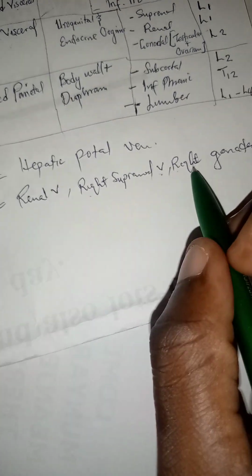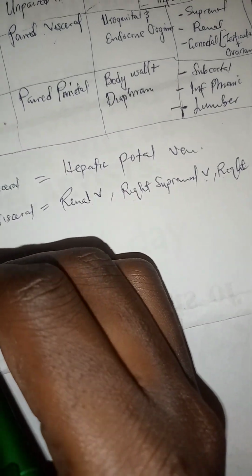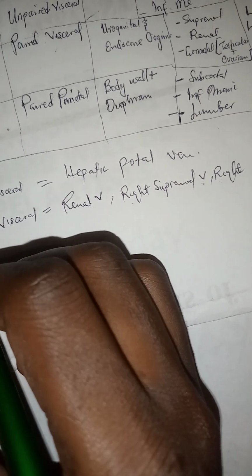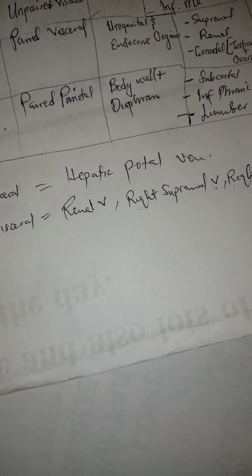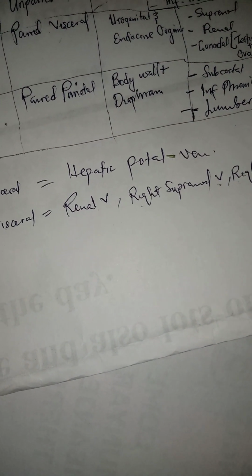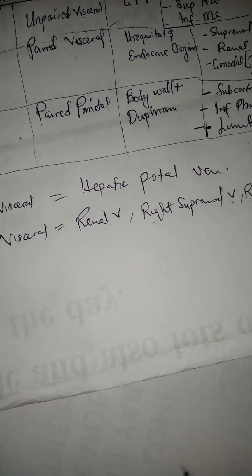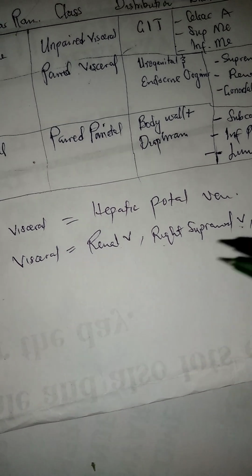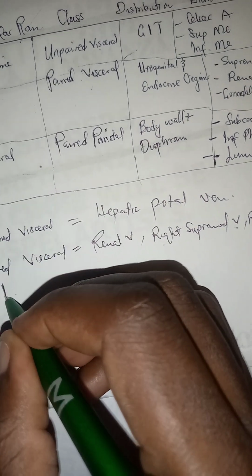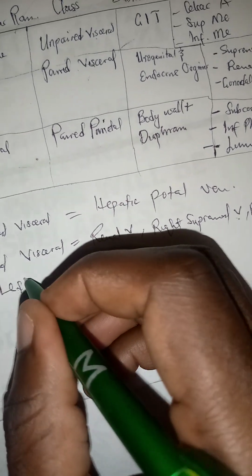So you need to note that the left suprarenal vein and the left gonadal vein are missing. These two drain indirectly into the inferior vena cava. That means they don't drain directly into the inferior vena cava, rather they empty their content into the left renal vein.